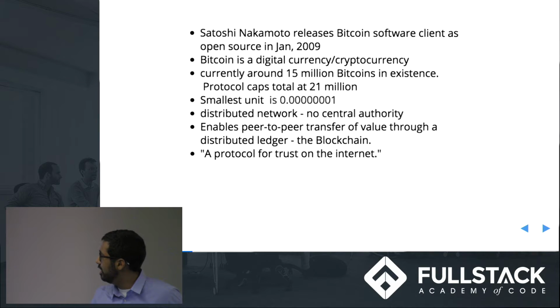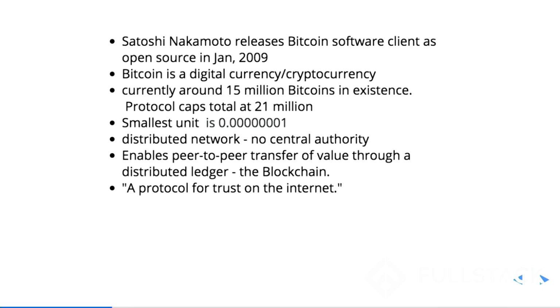So then in January 2009, Satoshi Nakamoto, whose identity isn't known, released Bitcoin software as open source. Bitcoin is a digital currency, a cryptocurrency, currently about 15 million in existence. The protocol caps the total amount at about 21 million, but each Bitcoin can be subdivided into many units.